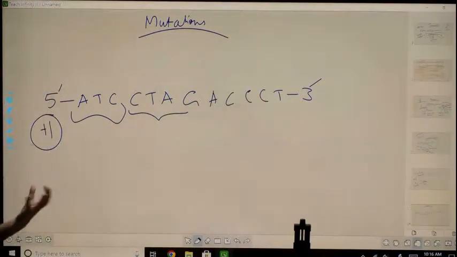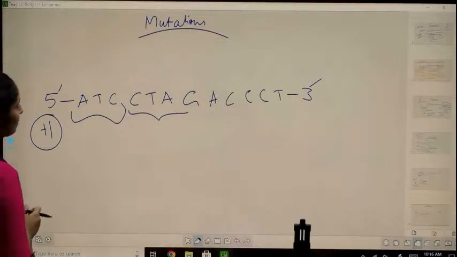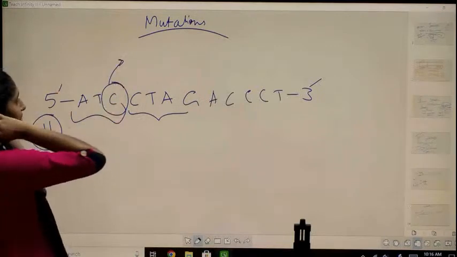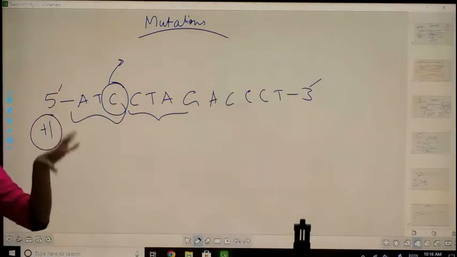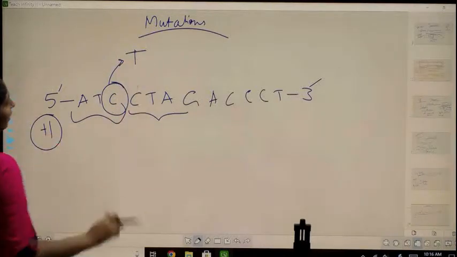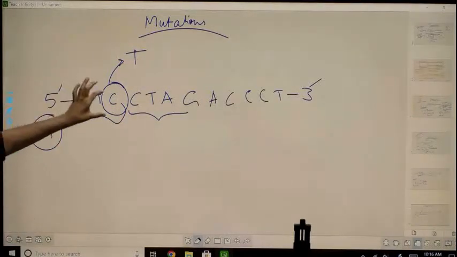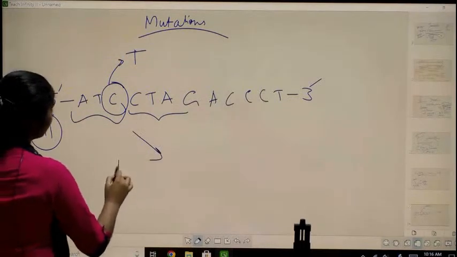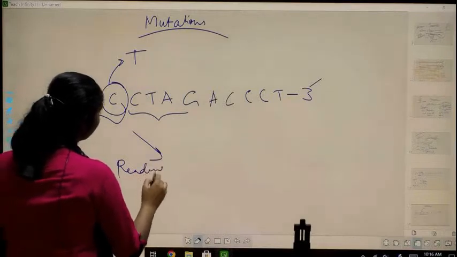So what kind of mutations can occur? Sometimes a single base pair, a single base, can be substituted by another base, right? So what is happening here? One single base is substituted by another base. Is the reading frame changed here? Does any change occur to the reading frame?